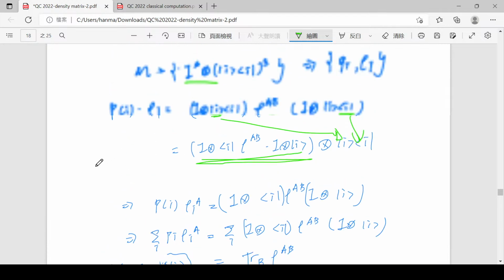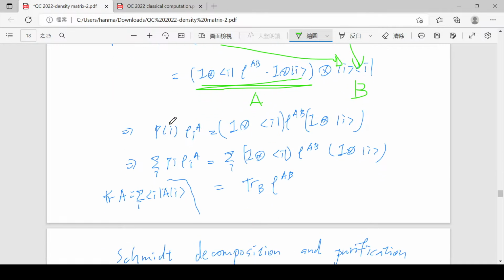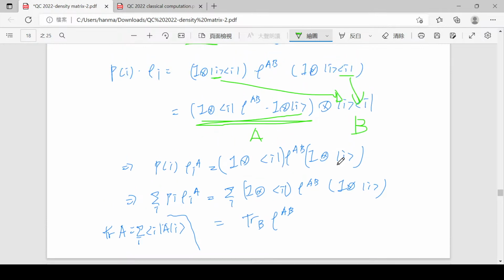And anyway, now this thing has a nice structure, that this part is on system A, so L of HA, and this part is on system B. And so now we see the subnormalized state on system A is just this thing.